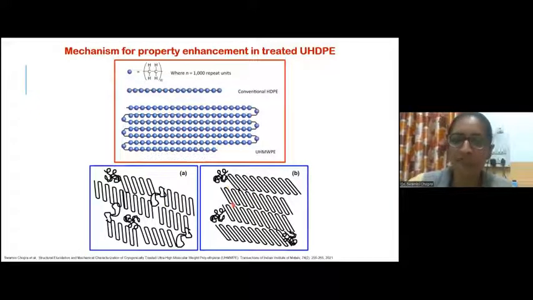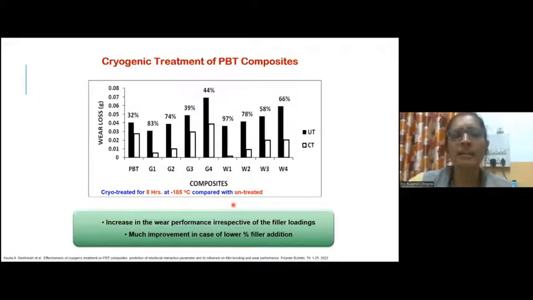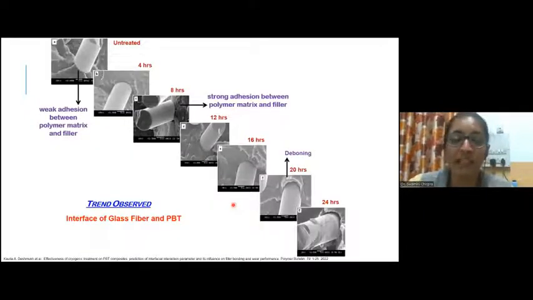Similarly, when we explored the polymer composites of glass fiber and wollastonite, again, it was found that irrespective of the filler which you add, the treatment parameters are affected by the polymer matrix material. Here is a SEM of adhesion between glass fiber and polymer matrix.